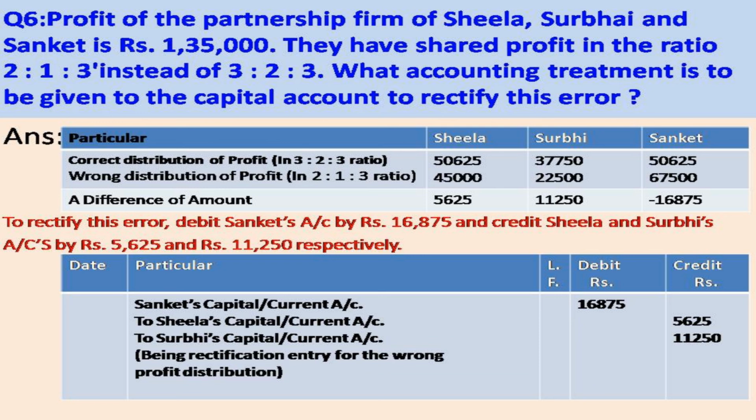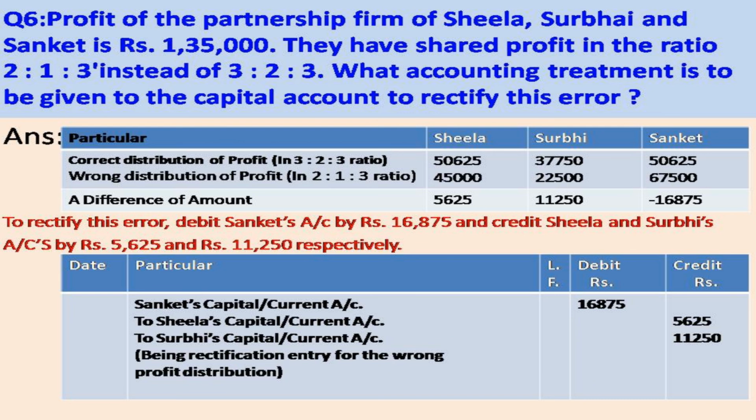So to rectify this error, we write the journal entry as Sanket's account debit by rupees 16,875, because when there is a minus amount, we have to write in debit, and credit Sheila's account rupees 5,625 and Surbhi's account credit rupees 11,250. So here it is given the journal entry.